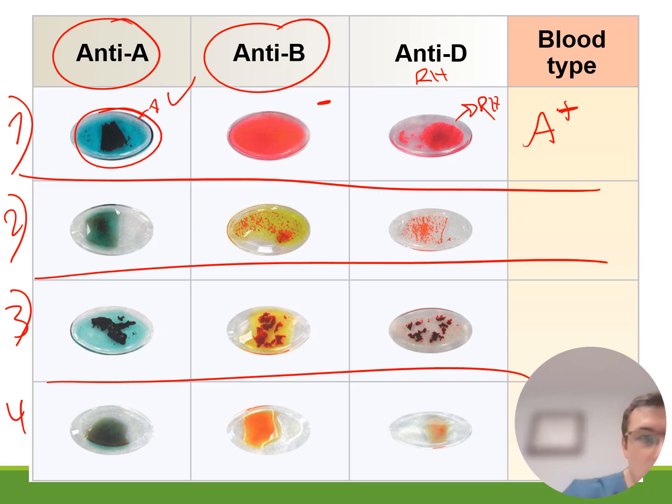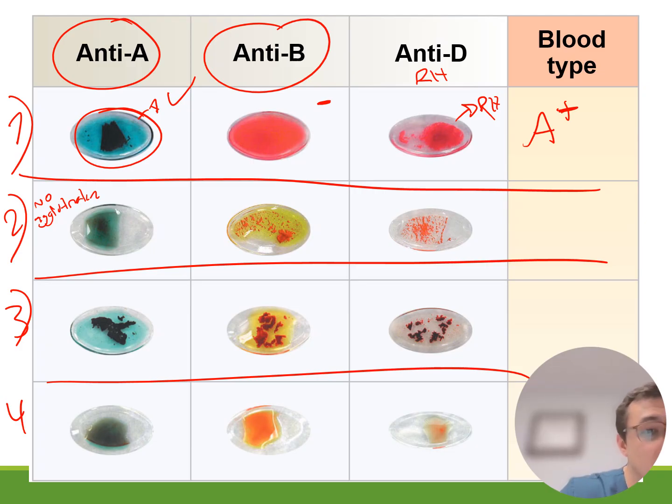Now within this one, although it seems a little darker here in the center, it doesn't seem as agglutinated as the other ones. So since it has anti-A and there is no agglutination, then it doesn't have A. Then it should have something else.